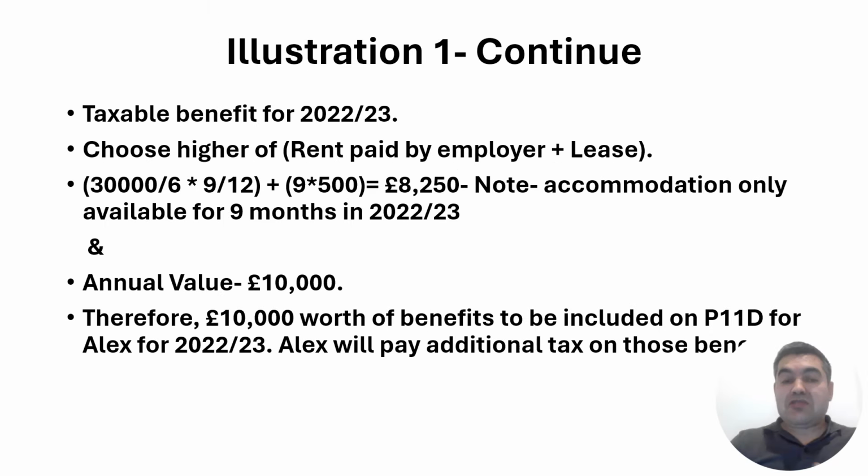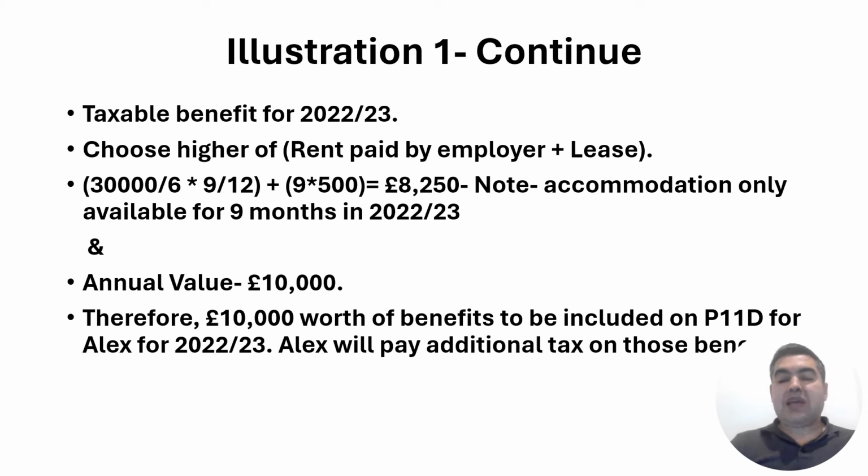The way you need to deal with this question is simply to choose the higher of the rent paid by the employer plus the lease, and the annual value. So choose the higher value from these two. First thing to remember, the employer paid a 30,000 lease premium for the 6 years. So 30,000 divided by 6.